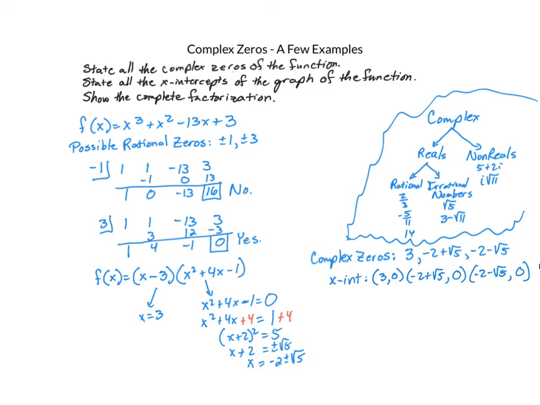And last, it asks for the complete factorization. So we know f of x equals x minus 3 times x minus negative 2 plus the square root of 5 times x minus negative 2 minus the square root of 5.